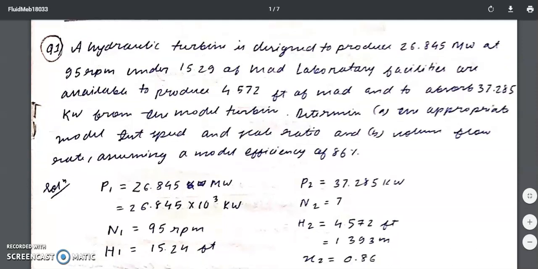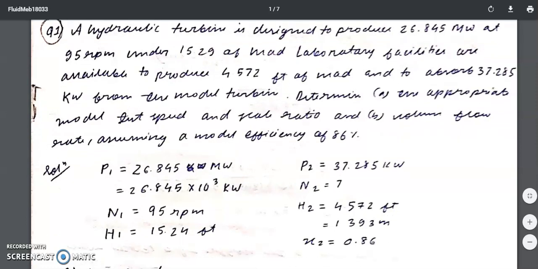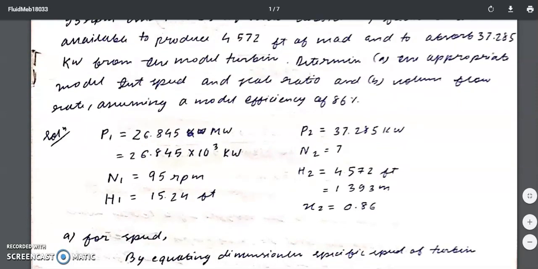Determine the appropriate model test speed and scale ratio and volume flow rate, assuming a model efficiency of 86%.